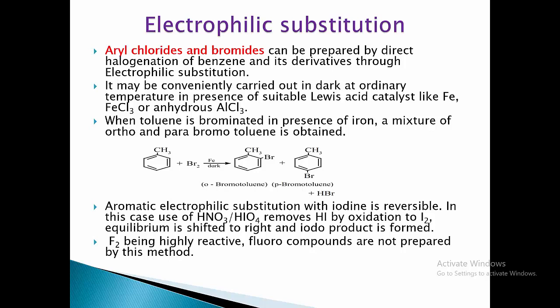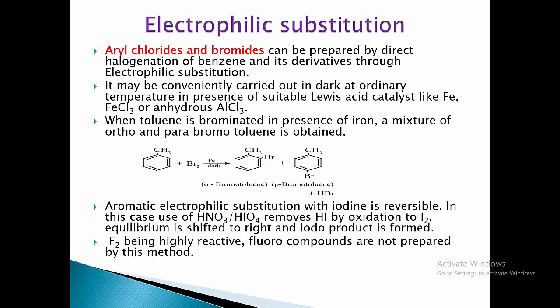Aryl chlorides and aryl bromides can be prepared by direct halogenation of benzene and its derivatives through electrophilic substitution reaction. It may be conveniently carried out in dark at ordinary temperature in presence of a suitable Lewis acid like iron or ferric chloride, or by using anhydrous aluminum chloride.